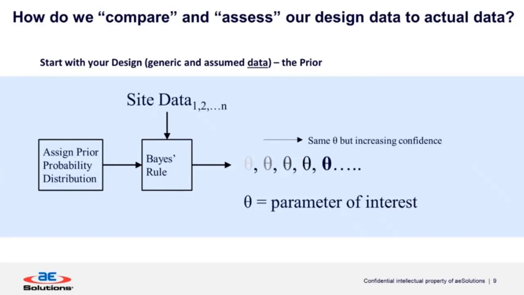And as the parameter comes into focus and gets bolder, it means you've got more confidence, good or bad. It can go both ways, but that's the idea of what we're doing here, at least to start out. We're not asking you to recalculate a new average or a new failure rate and then redo all your calculations, all your SIL calcs. That's not what we're doing here. We're focusing on getting a better handle on the uncertainty of the parameter.